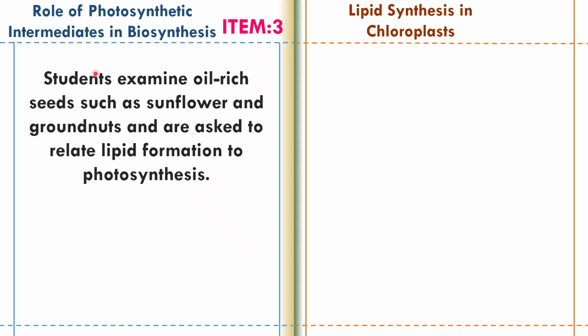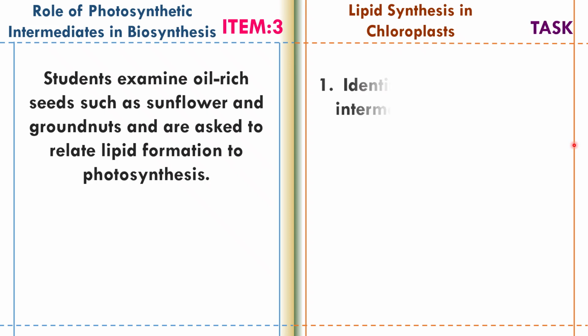Still on the role of photosynthetic intermediates in biosynthesis. Item 3. Lipid synthesis in chloroplasts. Students examine oil-rich seeds such as sunflower and groundnuts and are asked to relate lipid formation to photosynthesis.